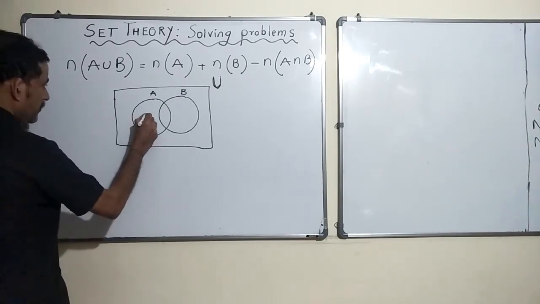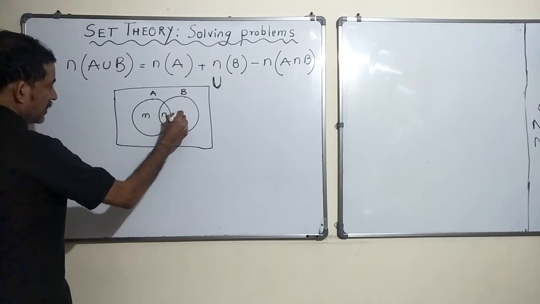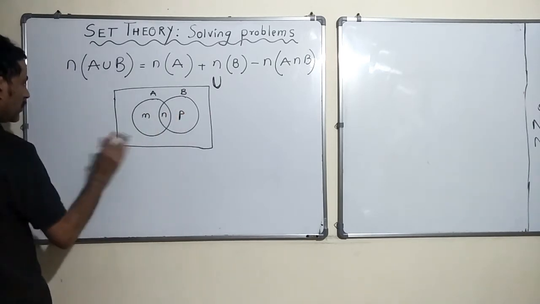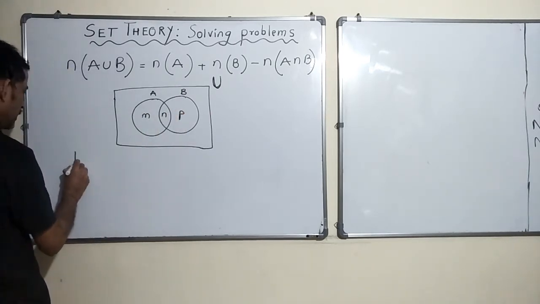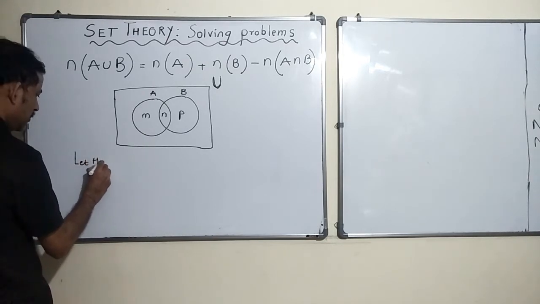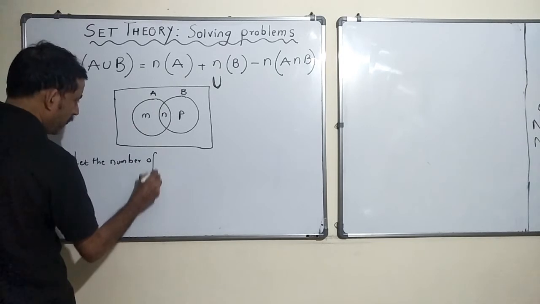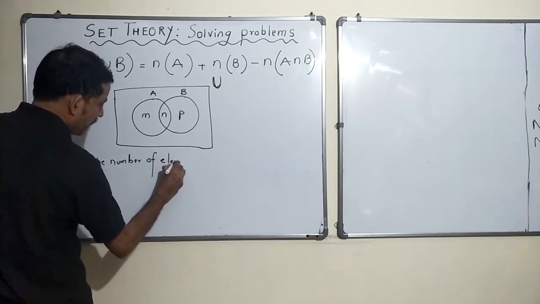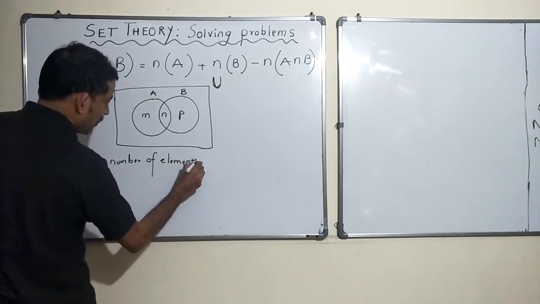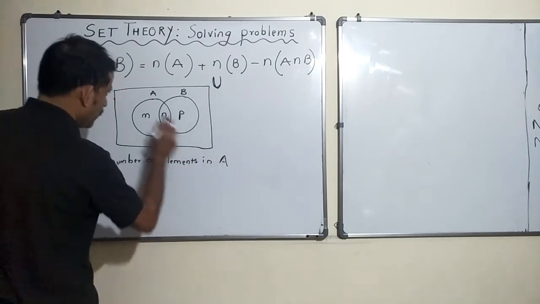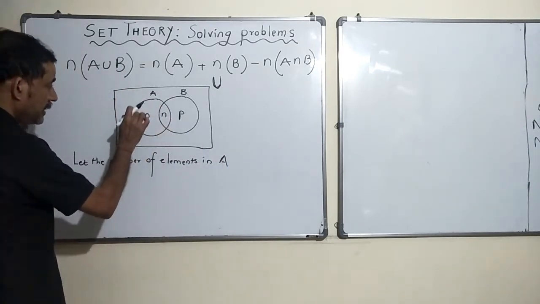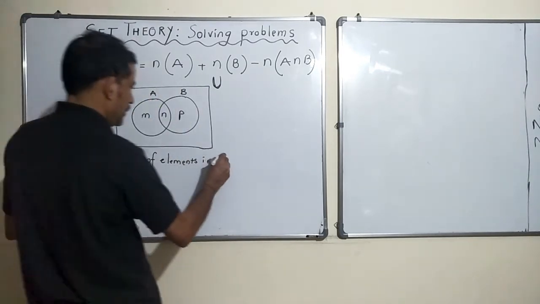Now let this be M, let this be N, and let this be P, okay? So what is M? Let us write down. Let M be the number of elements in A alone, which means in A but not in B, okay?